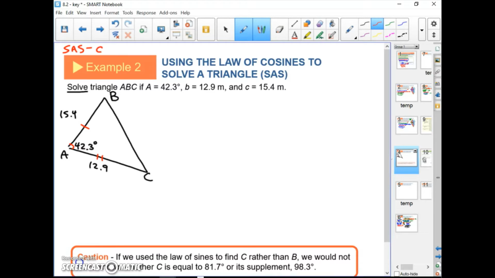And side, angle, side tells me that this is case 3, and I know that's the law of cosines formula. Okay? So where do I start? I'm going to establish a partnership with this angle and find the side across from that angle, and that's side A. So if you're looking at your formula, A squared would equal B squared plus C squared minus 2BC times cosine A.